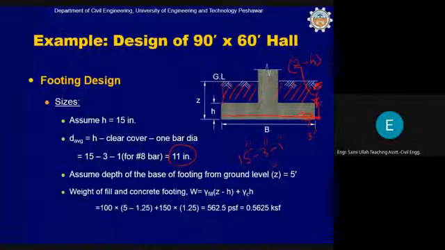So gamma fill is basically the density of the backfill material, and Z minus H is the depth through which this backfill will be provided. And gamma C is the concrete density, and H is the thickness of the footing. So this weight is equal to 100 into 5 minus 1.25 plus 150 into 1.25. This comes out to be 562.5, and this is 0.5625 kip per square foot additional load on the soil at this level.